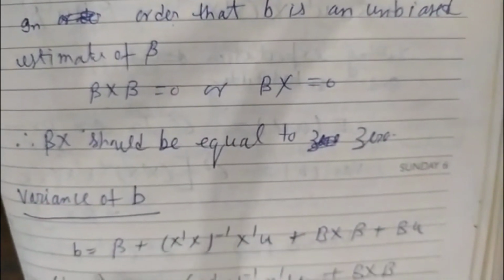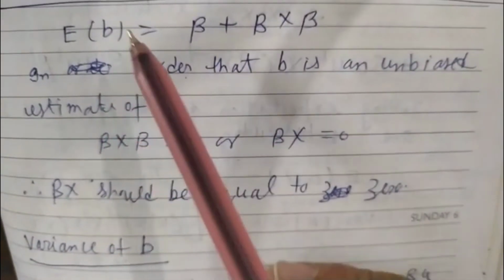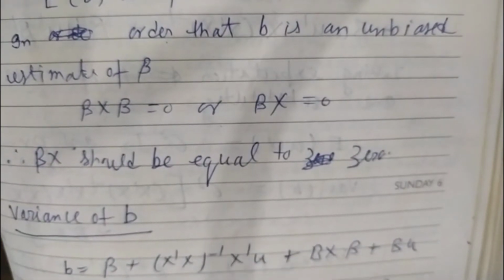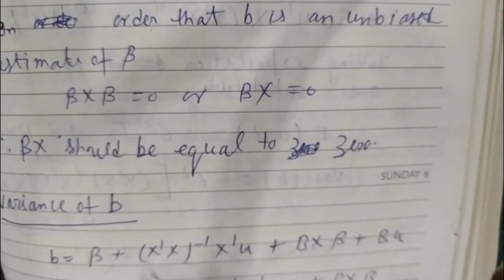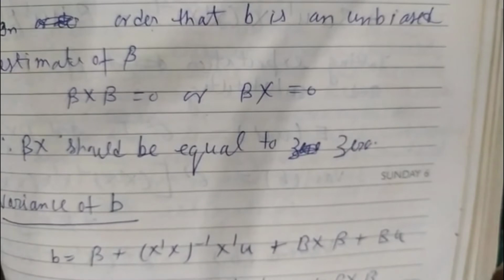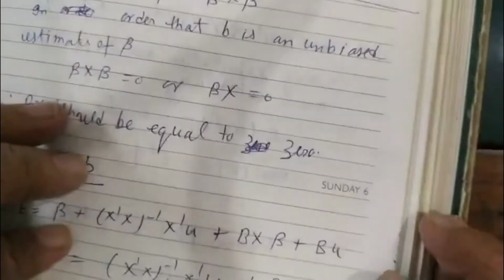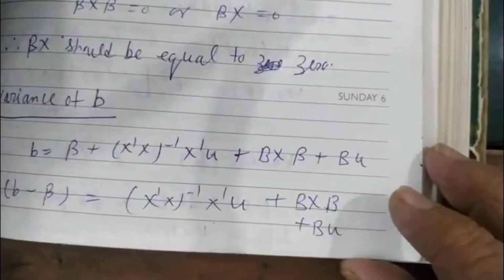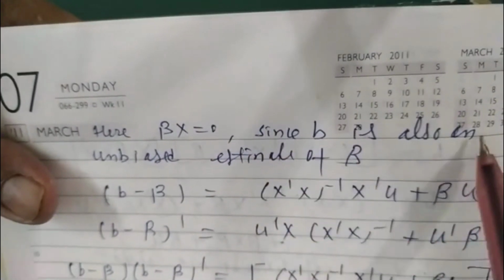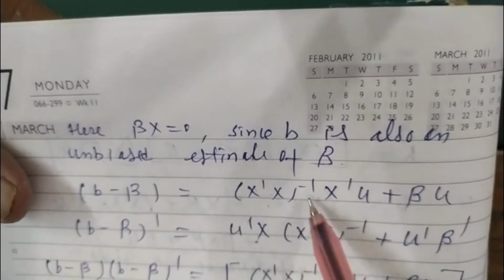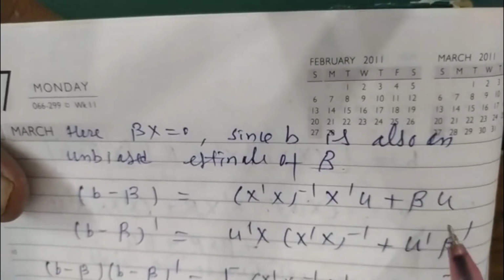Then the variance of b: we know b = β + (X'X)^-1 X'u plus Bu, taking it this side, (X'X)^-1 X'u + Bu, and here BX is equal to 0, since b is also an unbiased estimate of β.